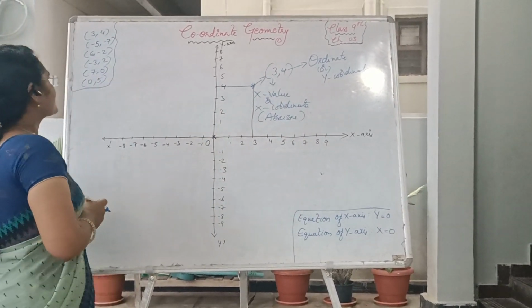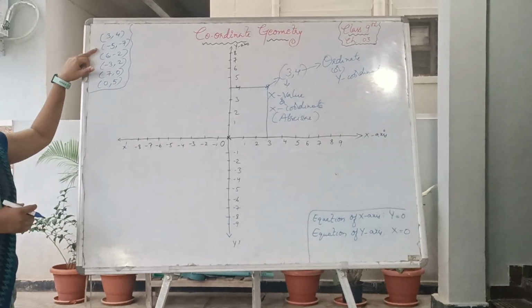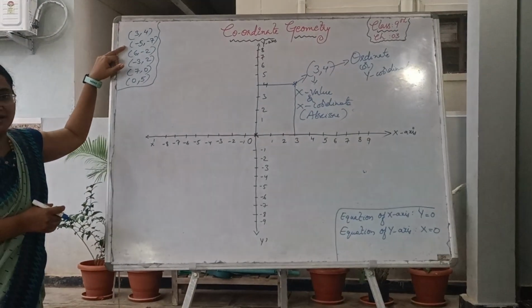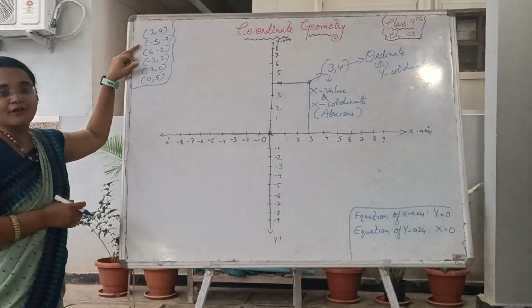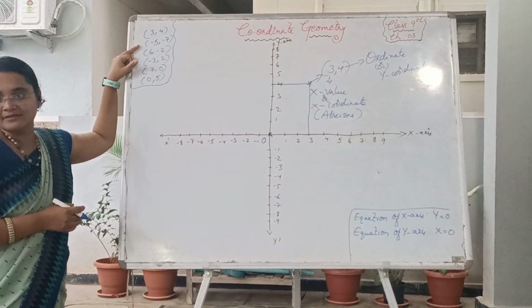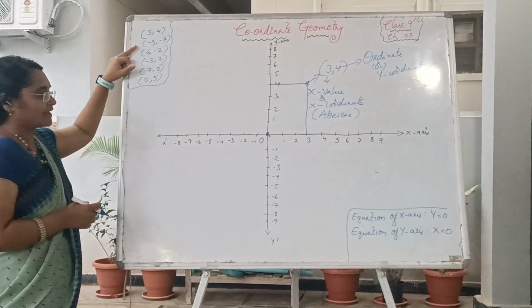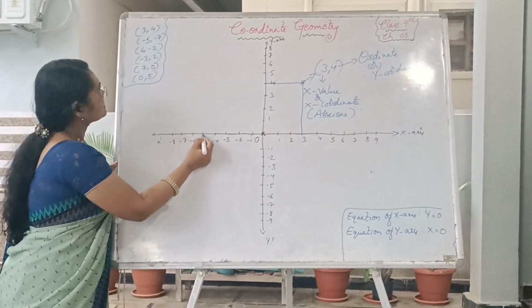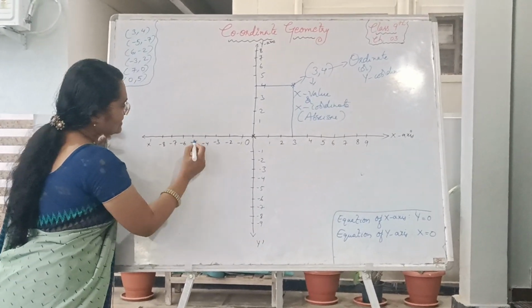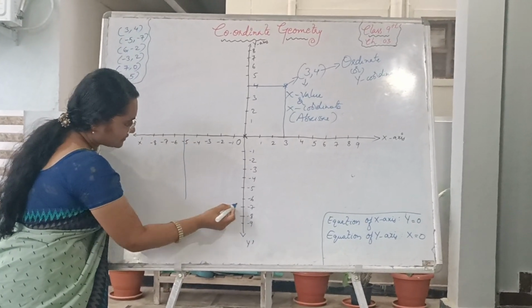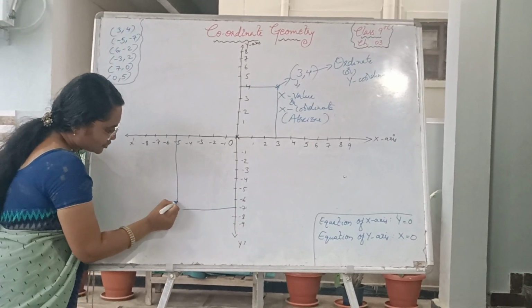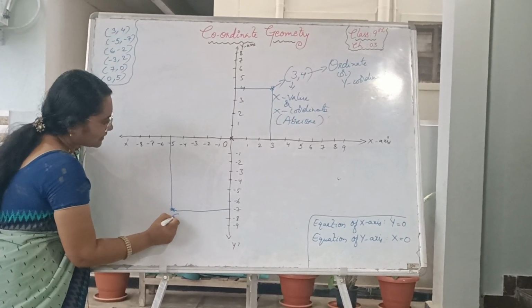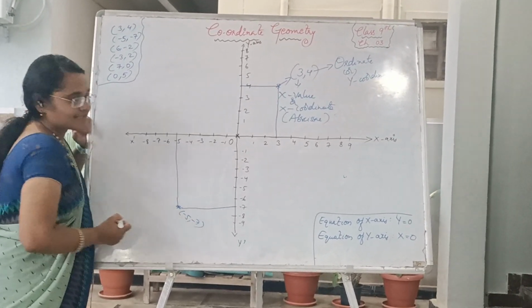Next, what is the second point? (-5, -7). Which quadrant will it be located in? Quadrant 3. Very good. So -5 on the x-axis, -7 on the y-axis. Joined, this is the point (-5, -7).